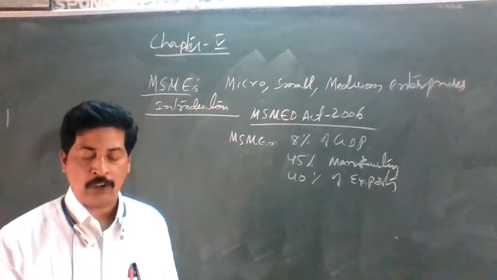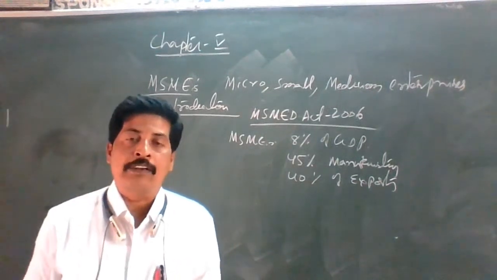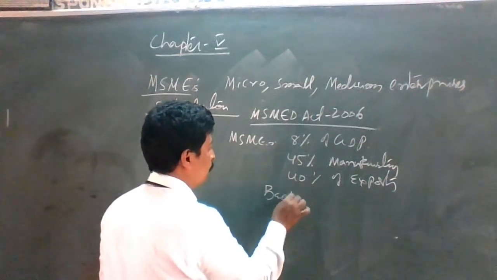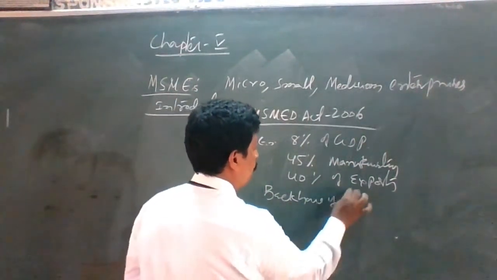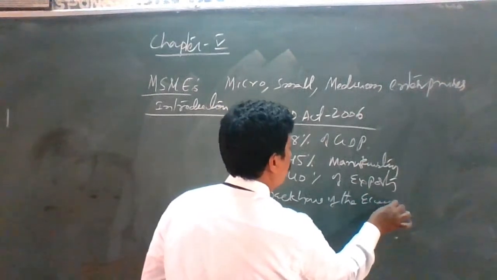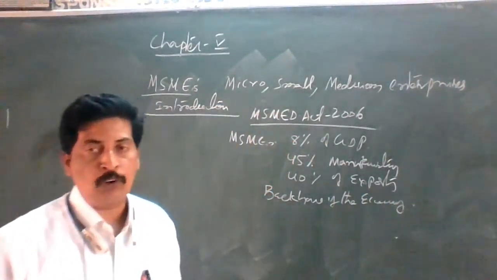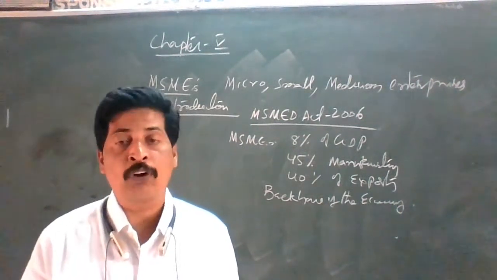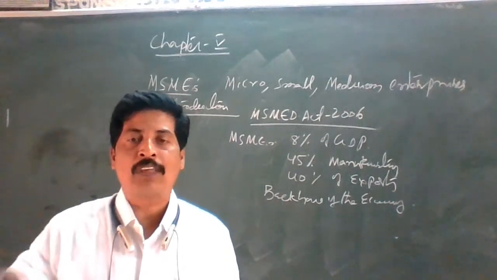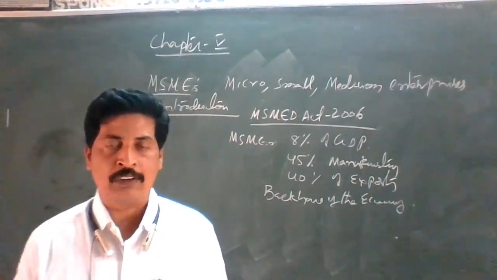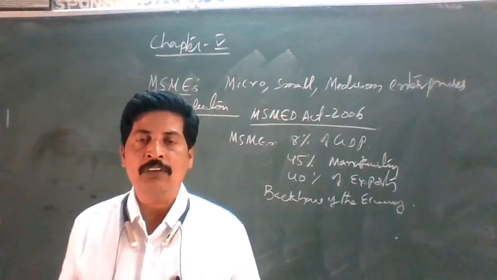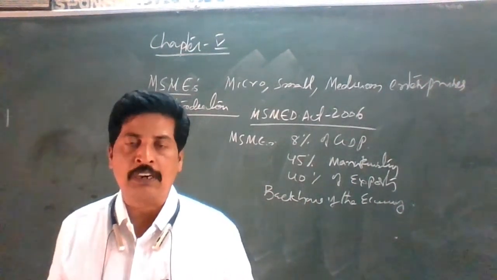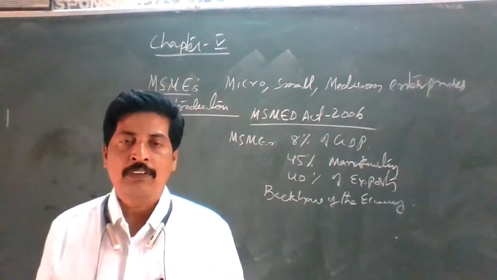So the MSME sector is considered the backbone of the Indian economy. Earlier, the agriculture sector was the backbone of the Indian economy, but things have changed because the agriculture sector has been continuously decreasing, then the industrial sector was steadily increasing, and nowadays the service sector.